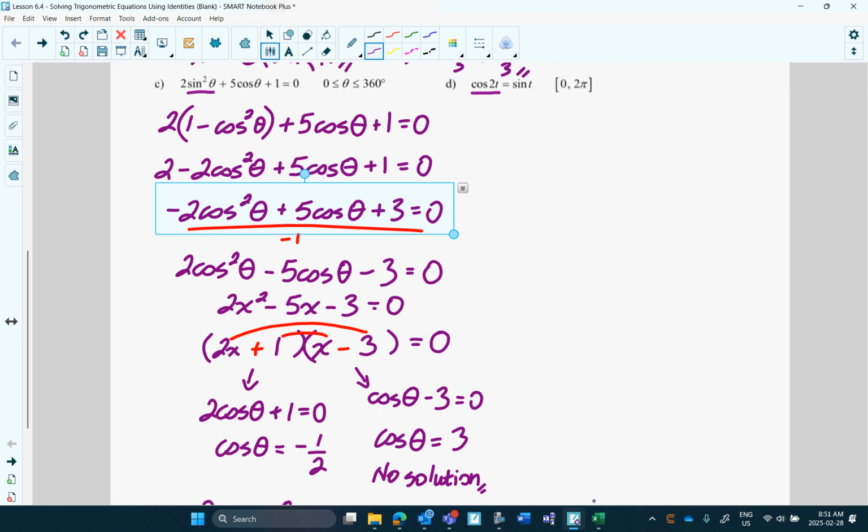Which one should you choose? The one with just sine in it, exactly. Which is what? 1 minus 2 sine squared t equals sine t.